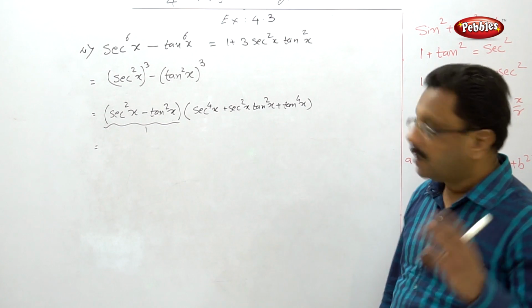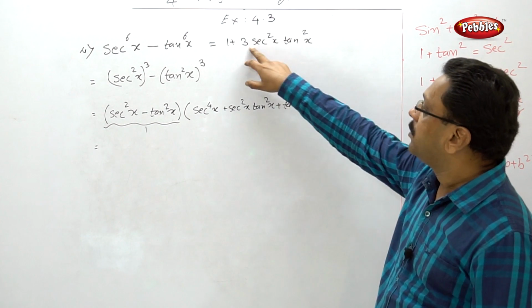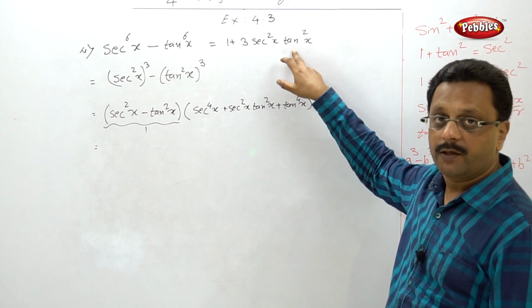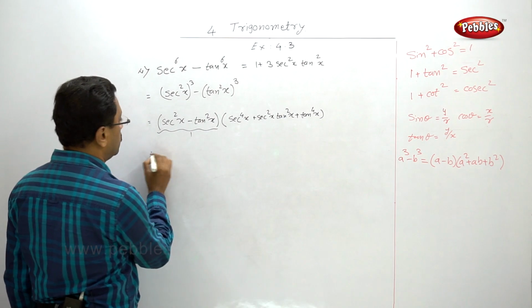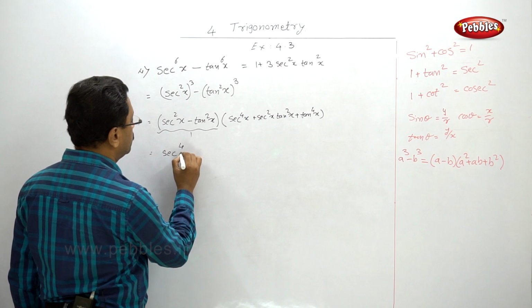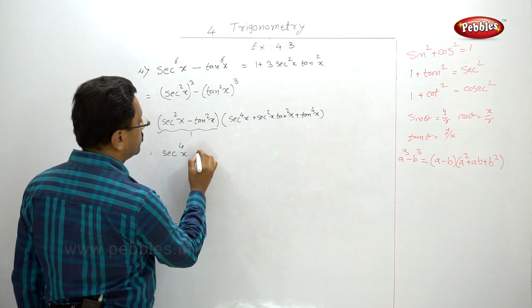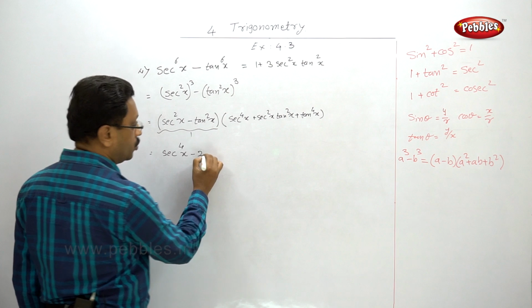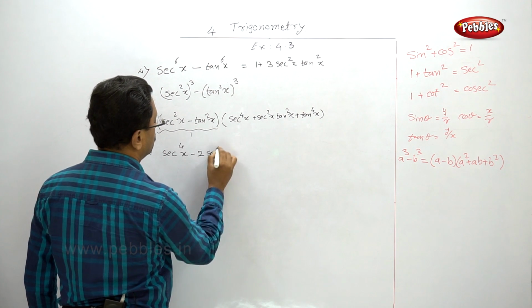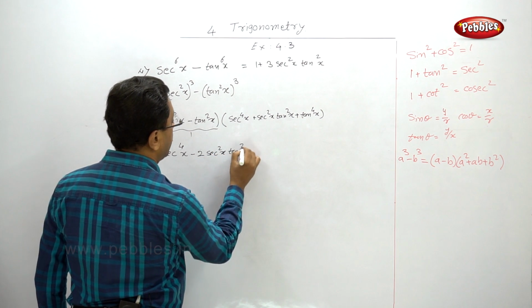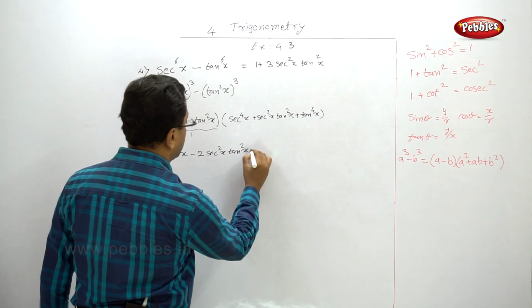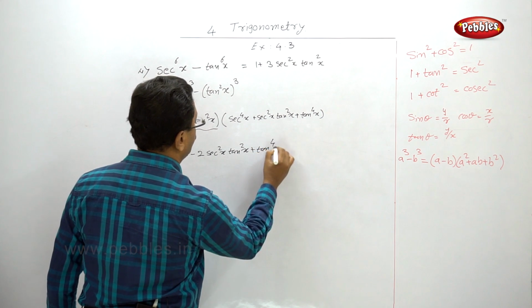Correct? Let us see how. Here what we want? 3 sec square plus tan square. So I will have sec raised to 4x minus 2 sec square x tan square x plus tan raised to 4x.